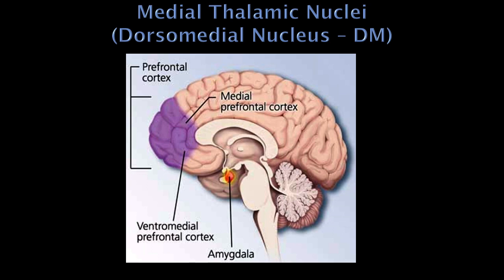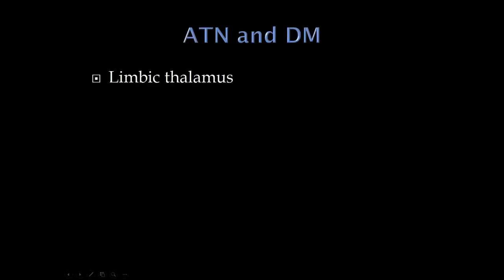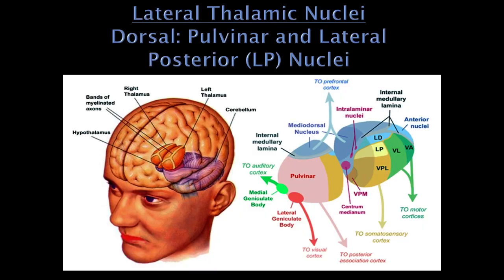But the dorsomedial nucleus of the thalamus is very important with regards to the amygdala and its communication with this large portion here in the frontal lobe called the prefrontal cortex. All right, so we oftentimes will lump these two thalamic nuclei together and call it the limbic thalamus. And so the limbic thalamus is the anterior and the dorsomedial thalamic nucleus. Okay, so again, this is limbic thalamus, anterior nucleus, dorsomedial nucleus.